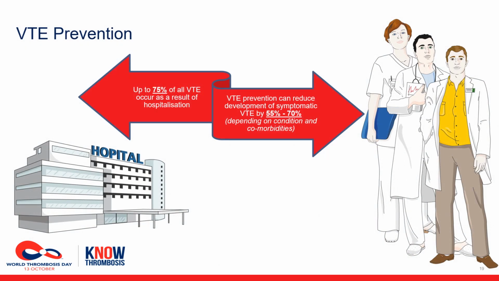What's the good news? Well, we know up to 75% of all VTE occur as a result of a hospitalization, and that good VTE prevention strategies can reduce the development of these VTE from anywhere from 55% to 70%, of course, depending on the patient's acuity.